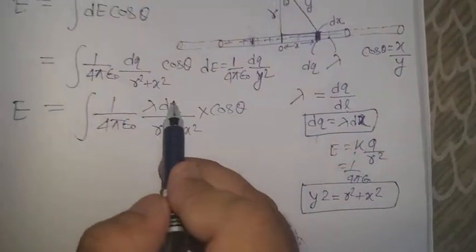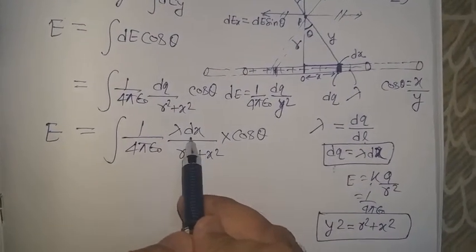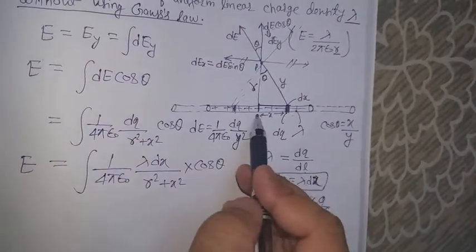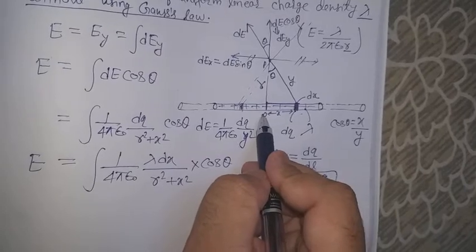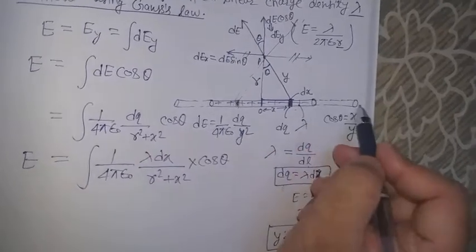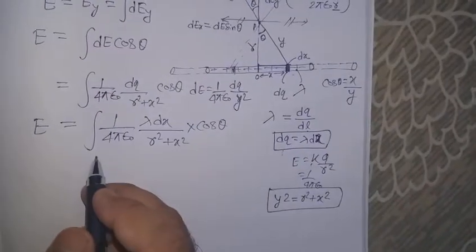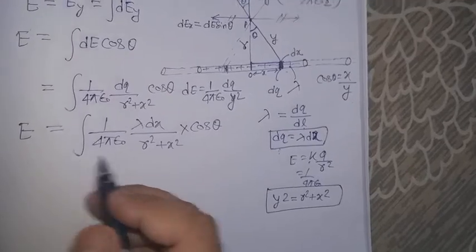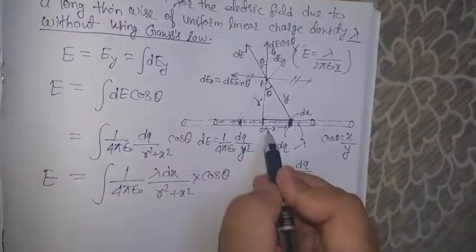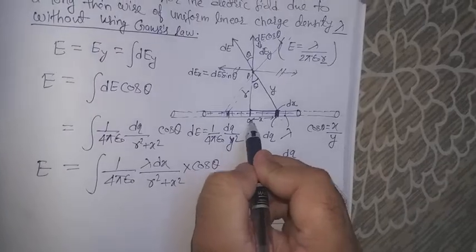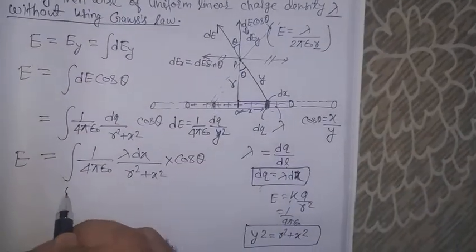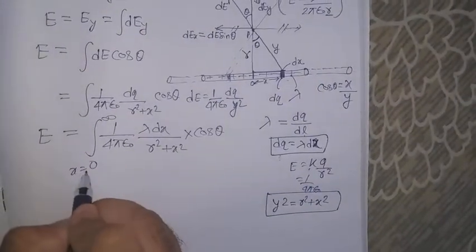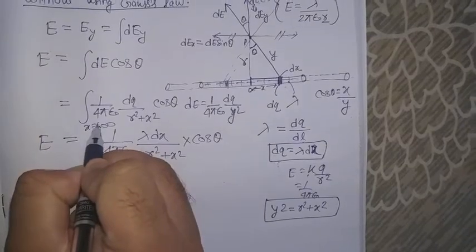Here, this integration is in terms of dx, means the variable is x, and what is the x here? X is this length. So here, if this is the origin, here x is minus infinity and here x is plus infinity. But we have taken only one component, so here x equals 0 and this side x equals infinity.